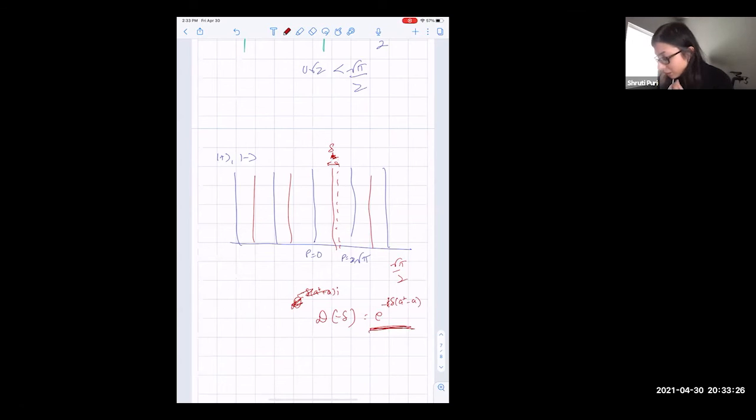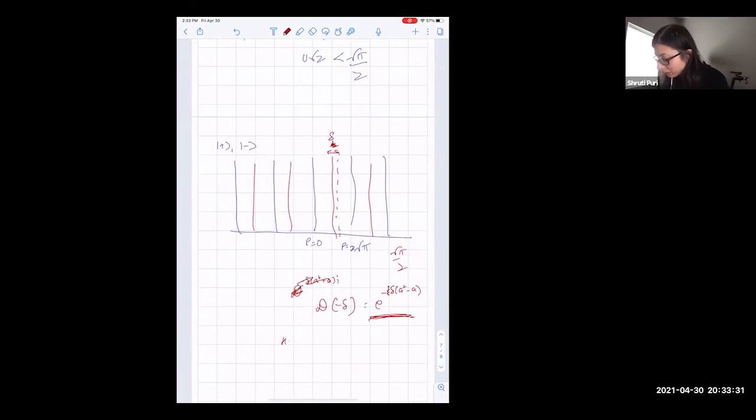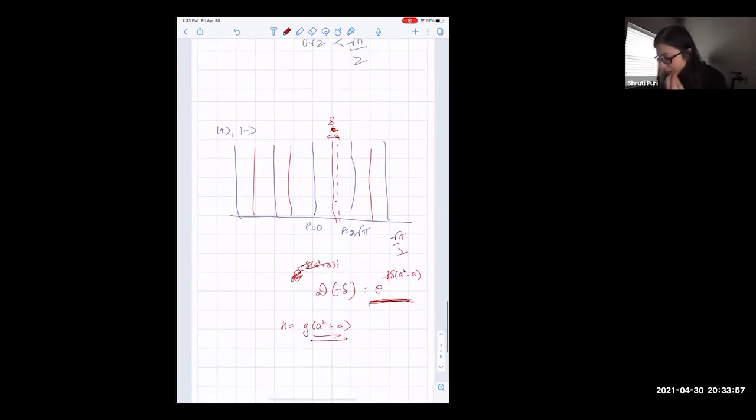This is a unitary, and this can be easily achieved by applying a single photon drive or a microwave drive to your oscillator. So all you need is a Hamiltonian which looks like this. If you have a microwave cavity, you have some sort of a pin, and you apply an actual microwave pulse on it, and that microwave pulse creates this Hamiltonian.